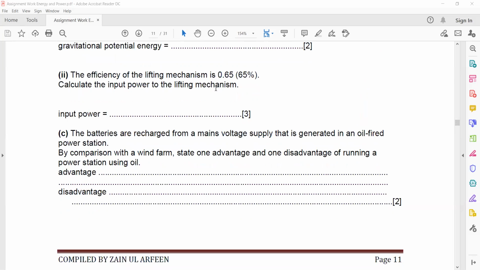In part C, the batteries are recharged with a mains voltage supply that is generated in an oil-fired power station. Compared to a wind farm, state one advantage and one disadvantage of running a power station using oil. What is the advantage and what could be a disadvantage?